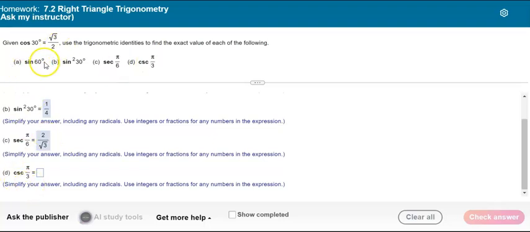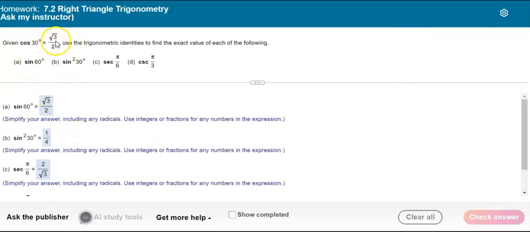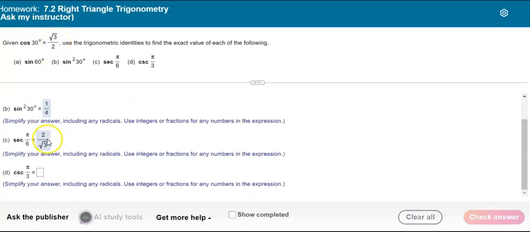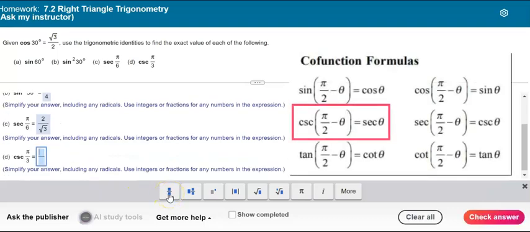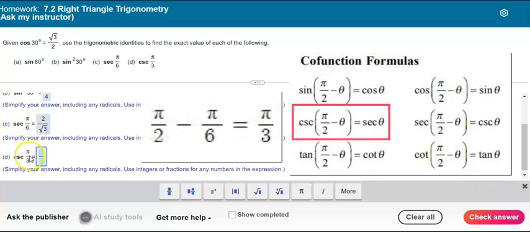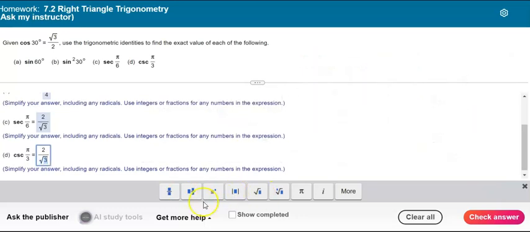And so now I'm just flipping over my answer to part A. But my answer to part A was the same thing I had here. So my answer to part D is the same as my answer to part C. Again, that cofunction property, secant and cosecant are cofunctions. Pi over 6 plus pi over 3 is pi over 2. So those end up giving us the same value. So that'll be a 2 on the bottom. That'll be a square root of 3.